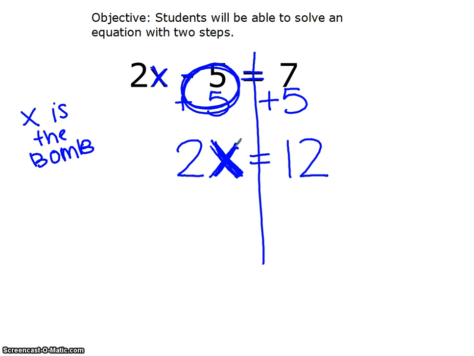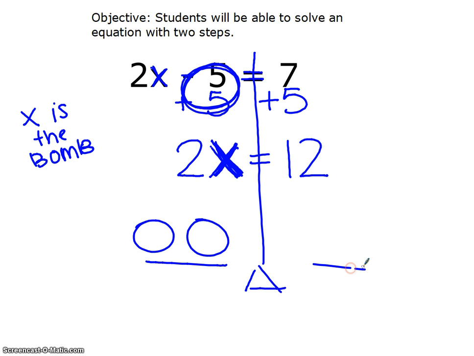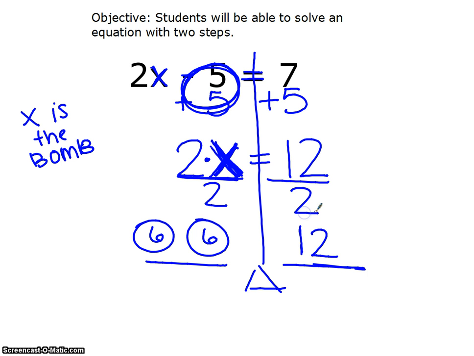And so to get rid of the 2, that means you have 2 unknowns, or it's like your balance scale. You have 2 unknowns that are balanced with 12. So each one, because they're the same amount, would have to be 6, or we would divide it. This is multiplication. So we're going to divide by the 2.